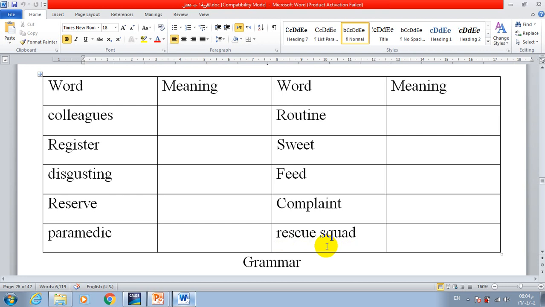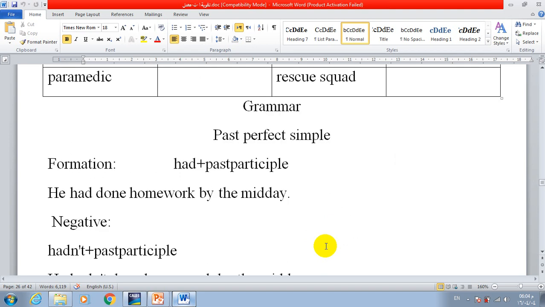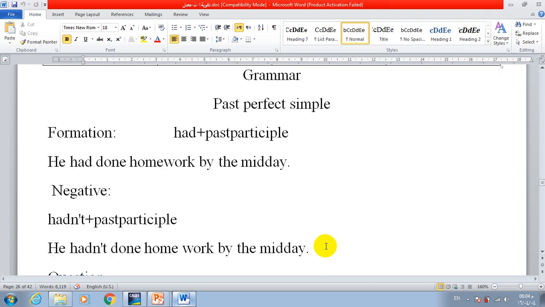Okay, my dear students, these are our vocabularies. Let's go to the grammar for today. Our grammar for today is about the past perfect simple.